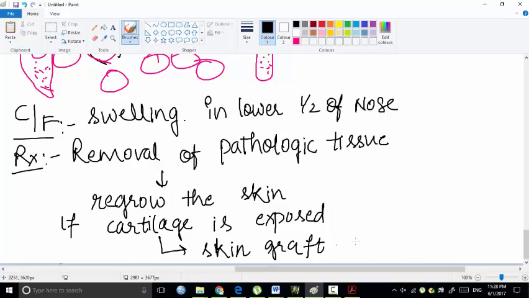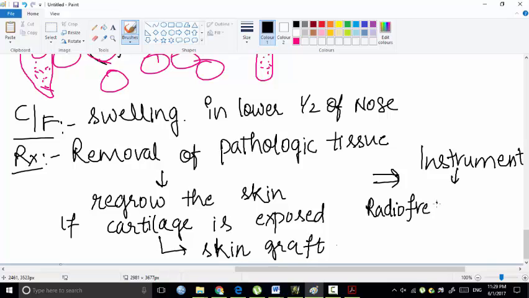This should be done for Rhinophyma. So the instrument used for Rhinophyma surgery is basically a radio frequency knife with loop shaving technique.